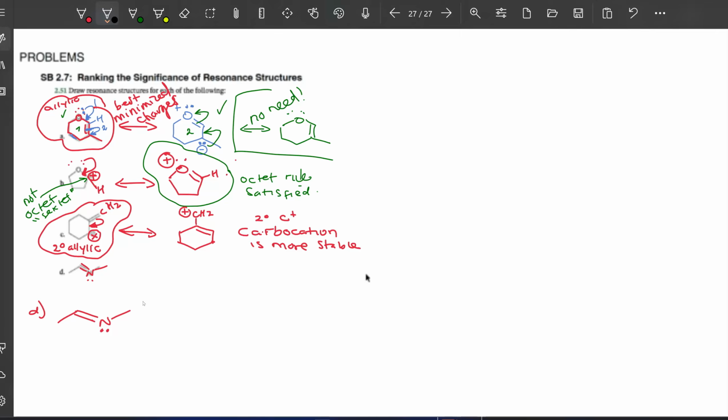Even the other one is going to violate it, but still, you don't want to move the lone pair on the nitrogen. Never move the lone pair on a nitrogen that has a double bond. Never. So we would move the double bond towards the nitrogen. Remember how I did this and that, and then I say this is positive, this is negative. Still, we are going to violate the octet rule, but it's better than moving the lone pair.